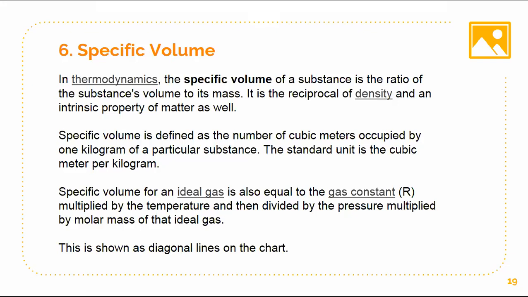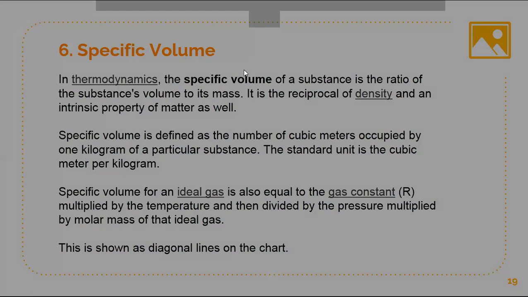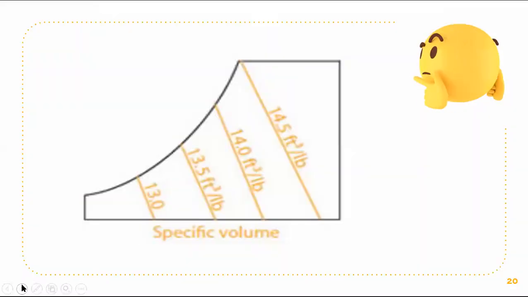This is just the reciprocal of the formula for the density of an ideal gas. If it's not an ideal gas, it's okay. You just assume it's behaving ideally, then you can already have the specific volume. And these are shown as diagonal lines on the psychrometric chart, the ones colored green. So you saw it a while ago with green lines, also labeled as green.